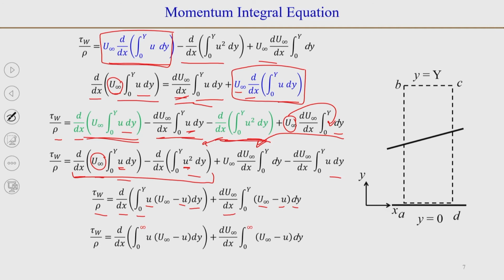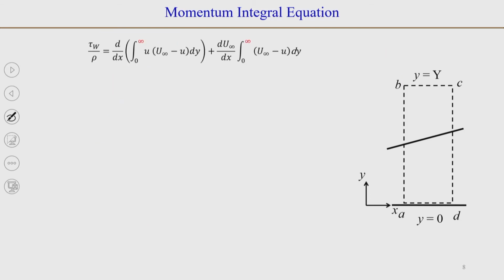Now, we have limit y here, but when we go above y, u is equal to u infinity. Both of these terms have u infinity minus u in them, so the value of this integral from y to infinity will be 0, because u infinity minus u infinity becomes 0. So, we can replace this limit with infinity.